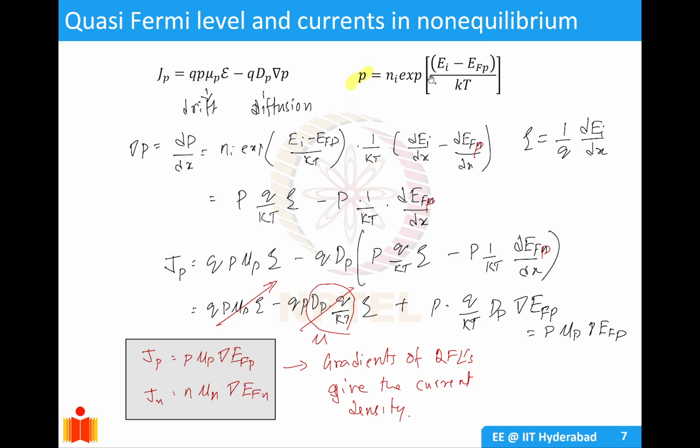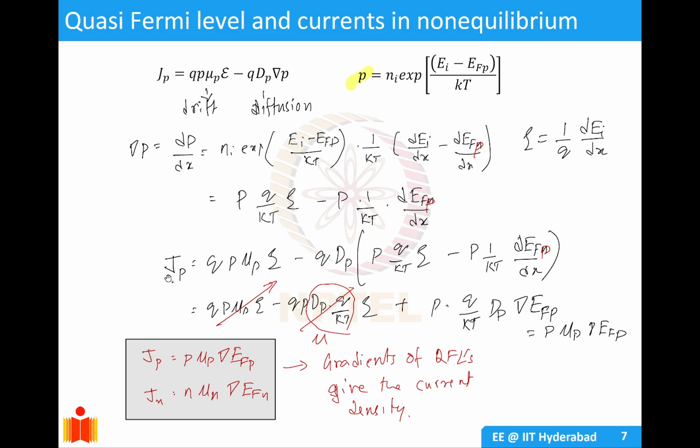When p is given as ni exponential EI minus EFP by kT, del p is equal to dp by dx, which is ni exponential EI minus EFP by kT into 1 by kT times dEI by dx minus dEFP by dx. And we know electric field is 1 by q dEI by dx. So this term becomes p q by kT electric field minus p by kT dEFP by dx.